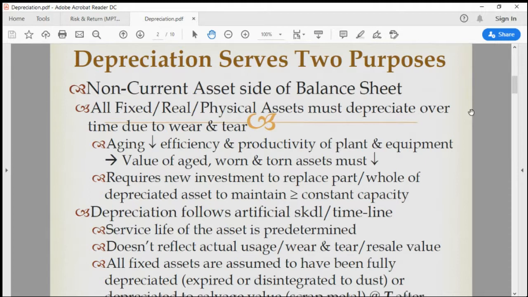Okay, so this is how depreciation, the word, completely transformed into something else than what you generally understand, right?